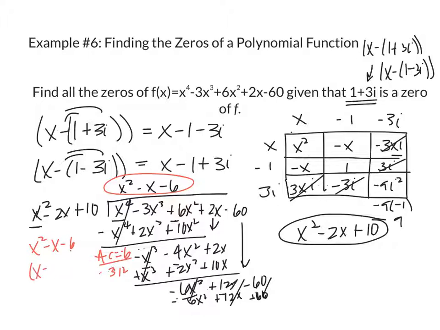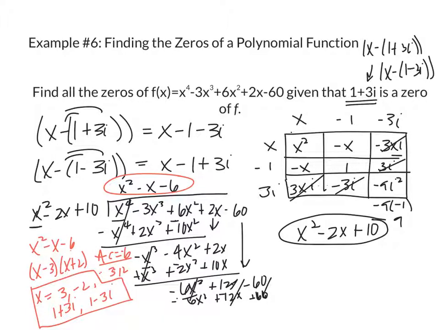So I would have x minus 3 and x plus 2. And again, that lets me know that their zeros are x equals 3 and negative 2. So in total, all of my zeros are 3, negative 2, 1 plus 3i, which they told us, and 1 minus 3i, which is what we knew based off of them being conjugates of one another.